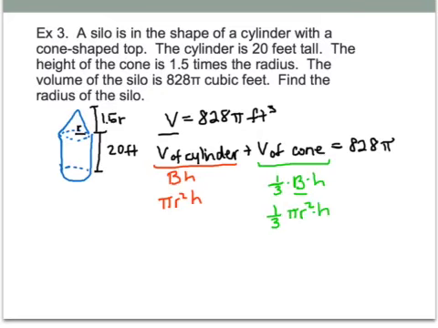I've given you the formulas. We know what h is for the cylinder. It is 20. We have an expression that represents h for the cone. That is 1.5 r.